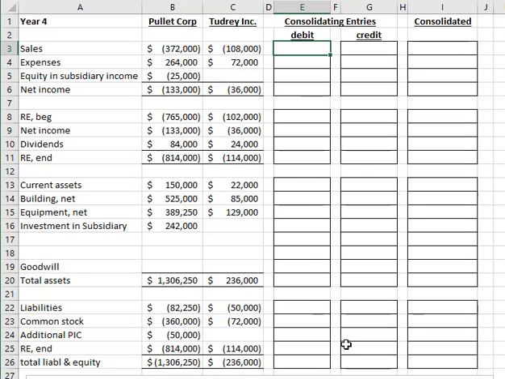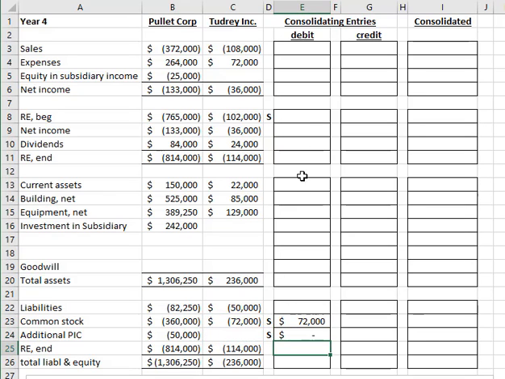Okay, so let's do the consolidating entry. Let's start by eliminating the book value of the subsidiary. That's the S entry. We're going to do beginning retained earnings because this is not at acquisition, and so we're entitled to the full year's activity of the subsidiary in the consolidated unit.